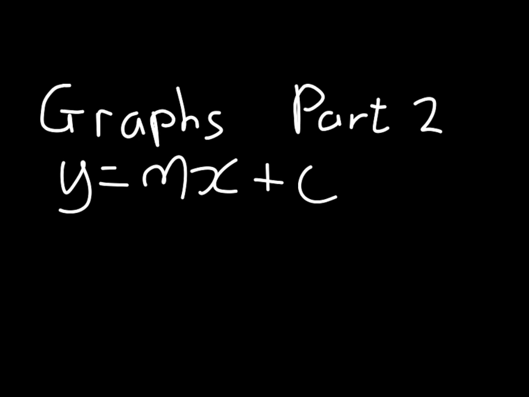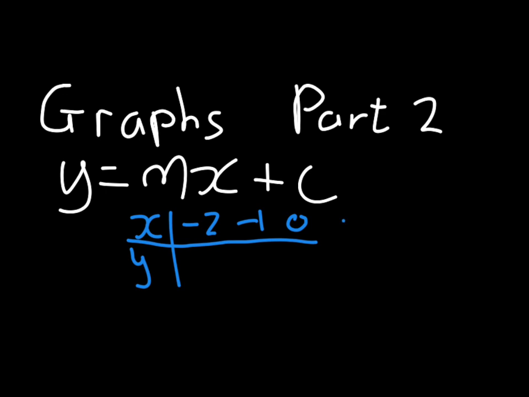For each question, we are going to need to draw up a table of x and y values, and we are going to use the same x values for each question. These are the same x values that you should use for practically every example unless otherwise stated.